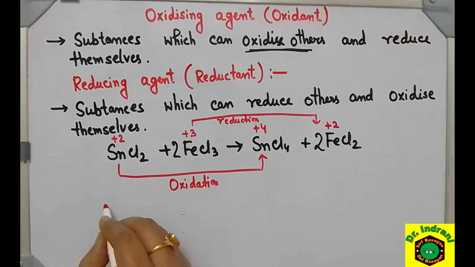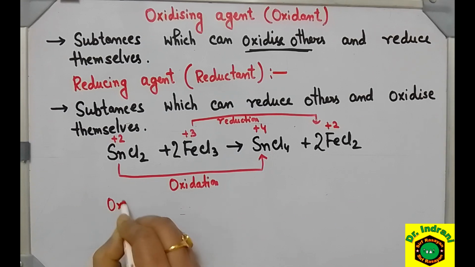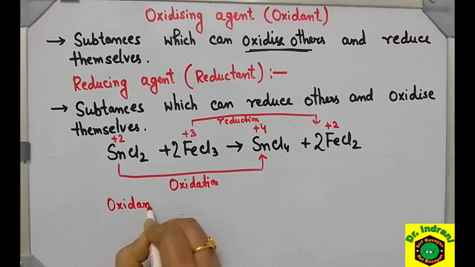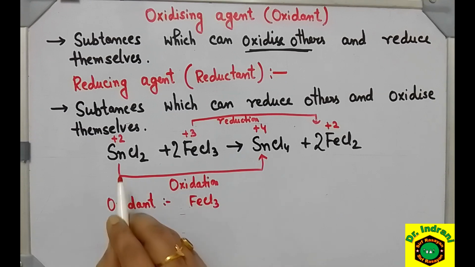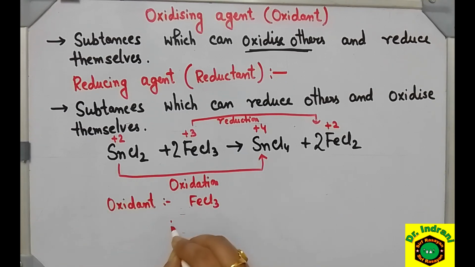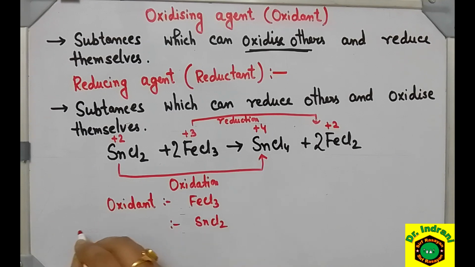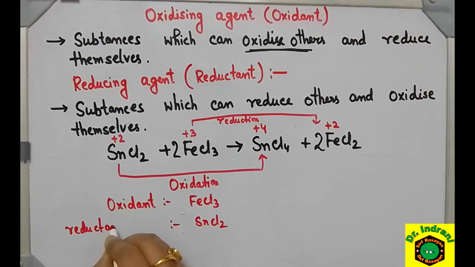So here oxidant is FeCl3, and what is about SnCl2? It is here reductant or reducing agent.